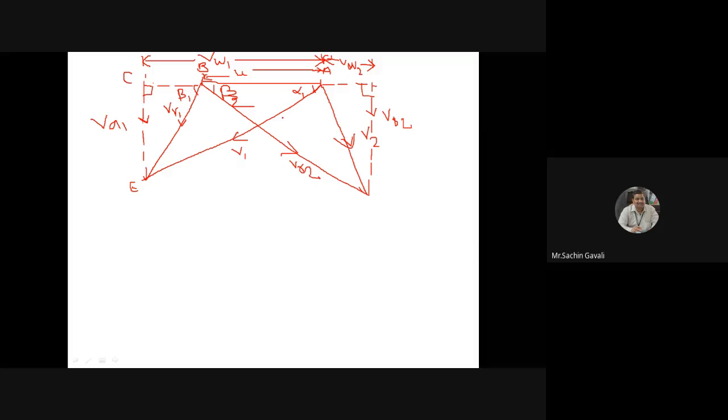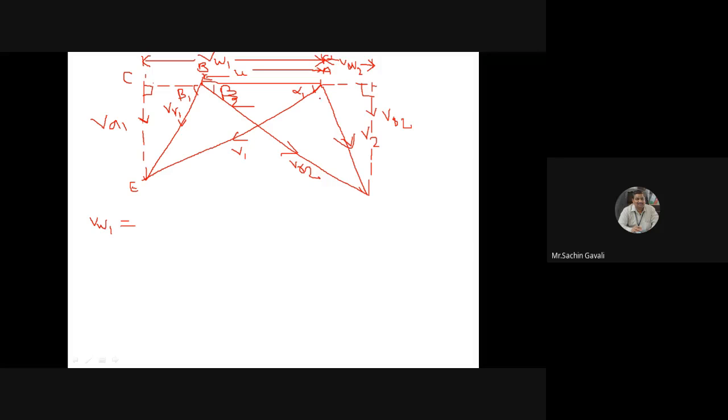Now in this triangle AEC, I want to write the equation for VW1. VW1 is in terms of V1 and alpha 1.